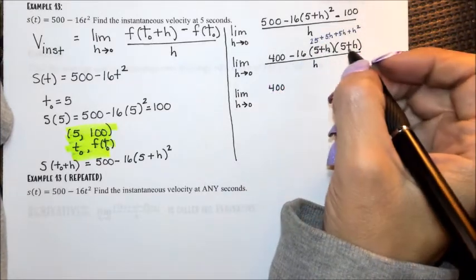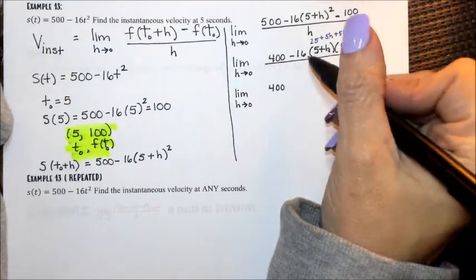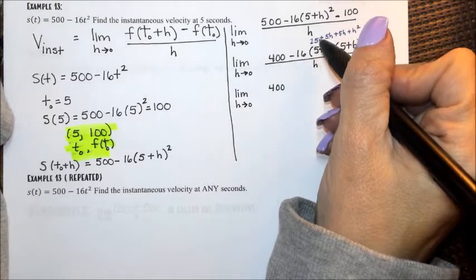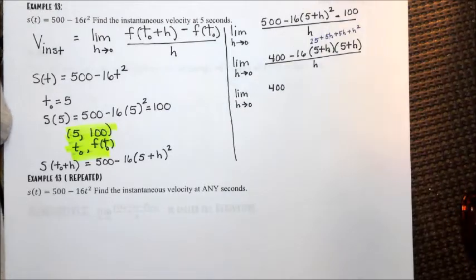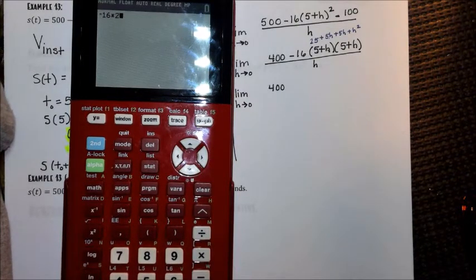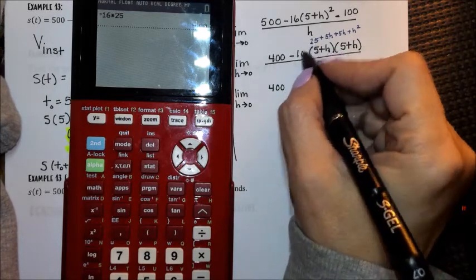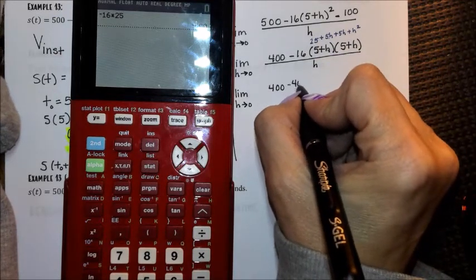I think you'll be okay if I do all this in one step. Negative 16 times 25. So 16 times 25, that's going to be minus 400. Look at that.